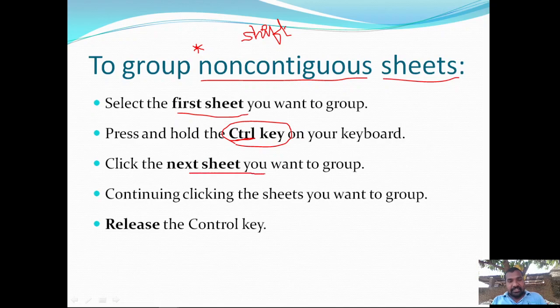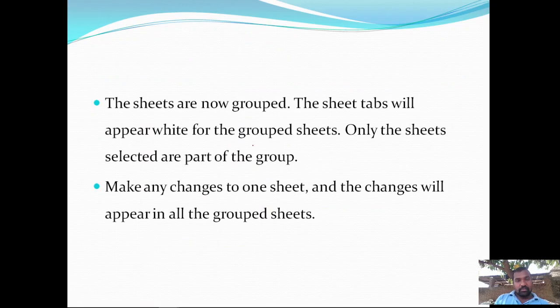Then click on the next sheet you want to group. Continue clicking the sheets you want to group, then release the control key. Now these sheets are grouped. The sheet tabs will appear white for the grouped sheets.